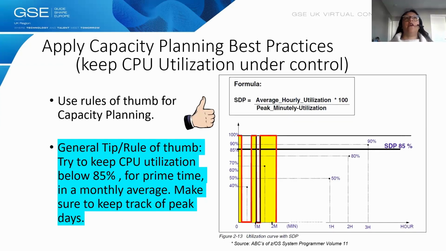So, since it's not healthy to run a CPU at 100% all the time, use rules of thumb for capacity planning.